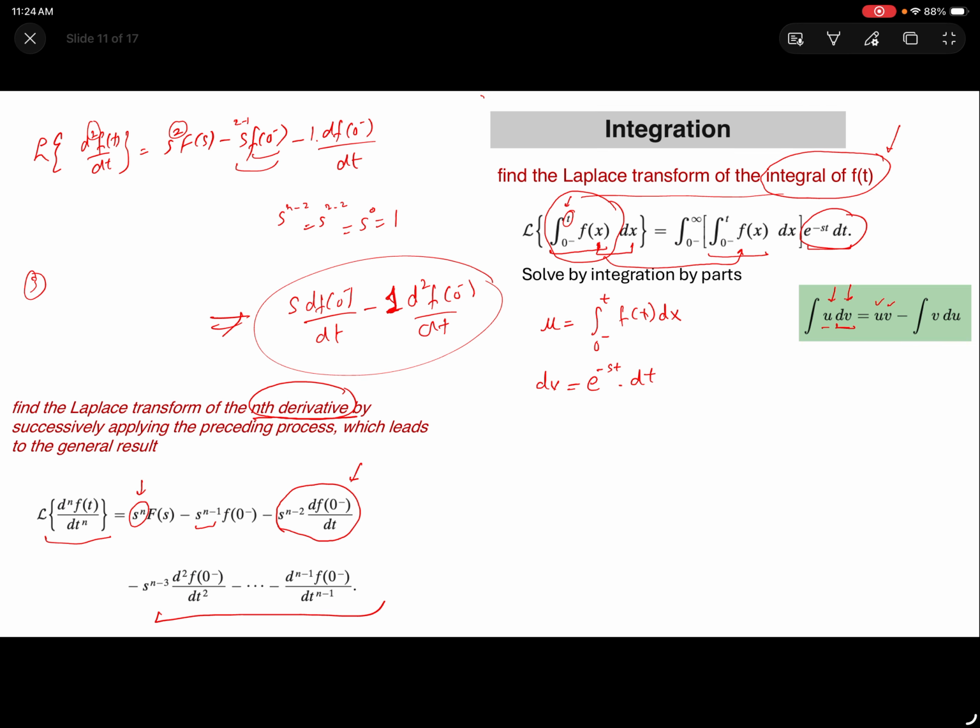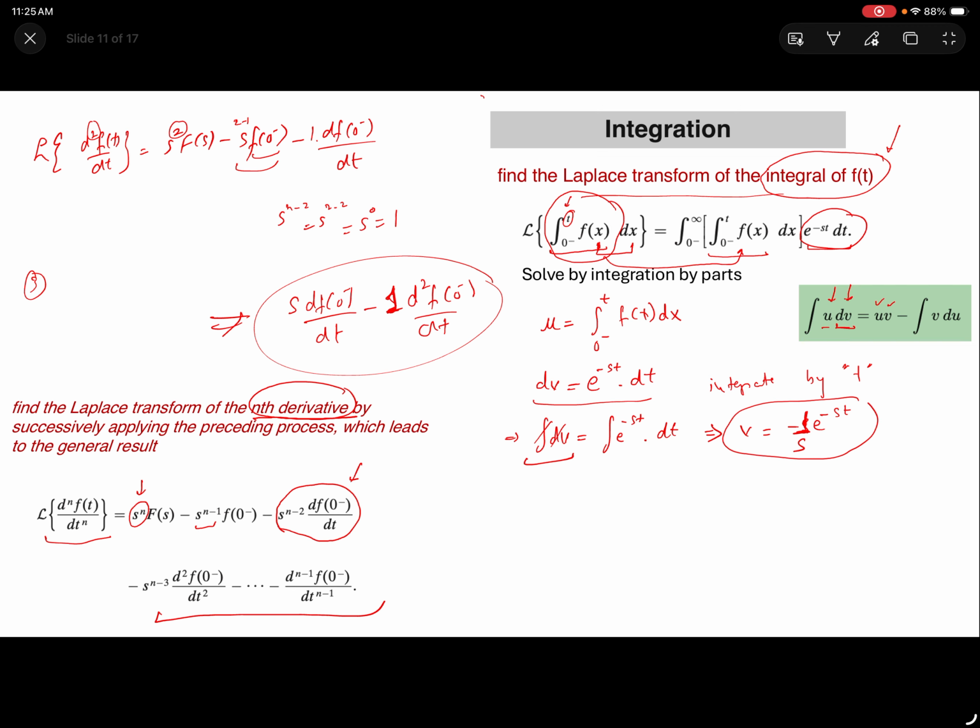In order to find v, I can integrate this with respect to t. Integrating dv, e raised to the power minus st times dt, should come out to be v equals minus 1 over s times e raised to the power minus st.